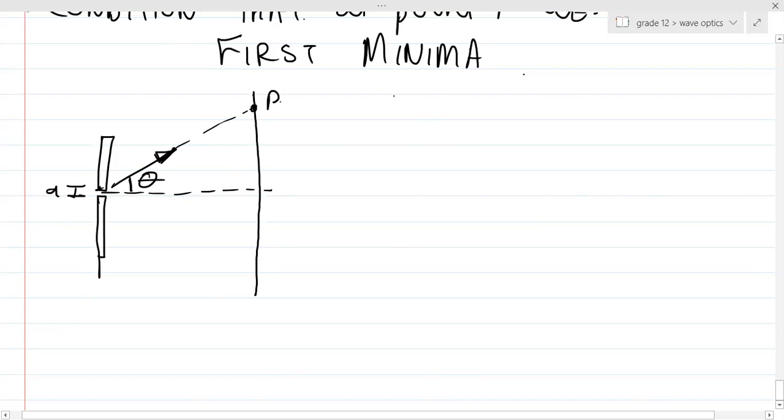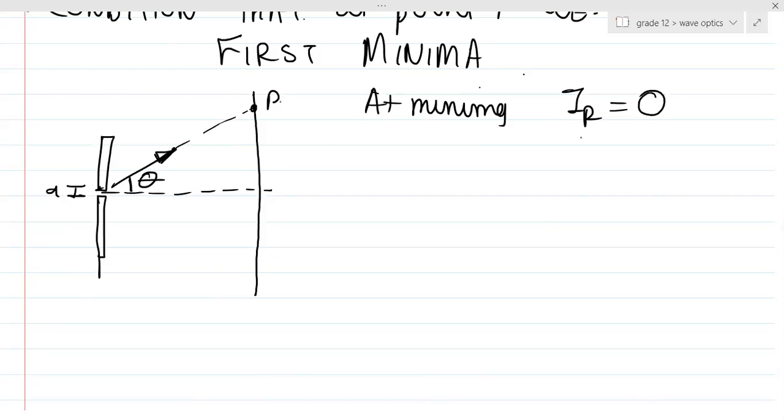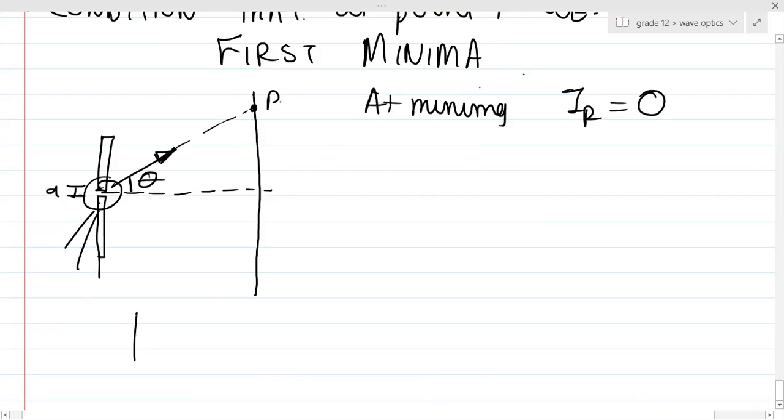We know that at minima, whether it is first minima or second minima or anything, the resultant intensity should be 0. Yes or no? Yes, sir. The resultant intensity is 0. Acha, if I show you a microscopic view of this particular thing, then will it look like this?